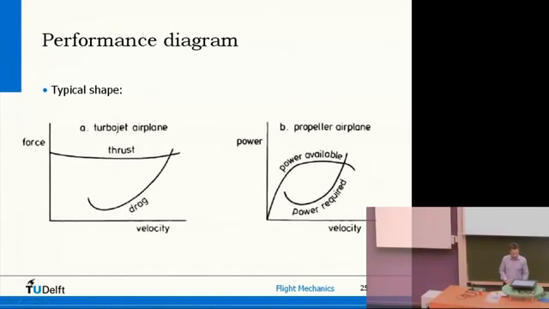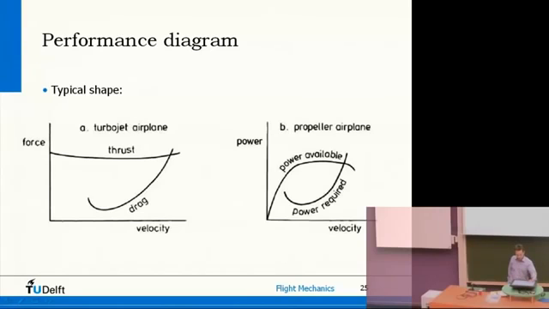And that looks more or less like this. So you can plot a force as a function of velocity. So here we have that aerodynamic drag that we just described for an aircraft.